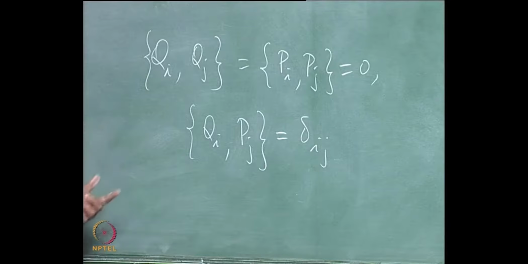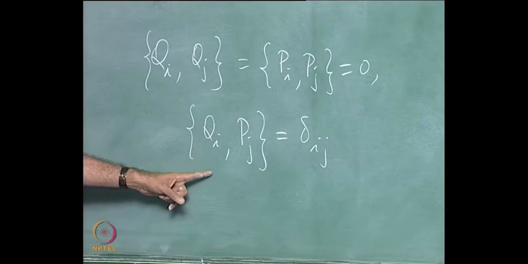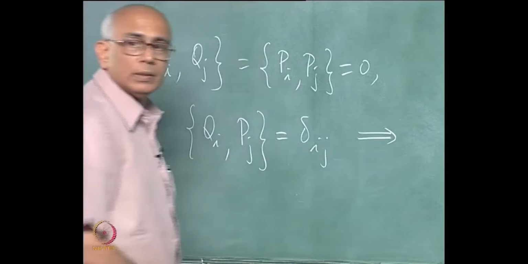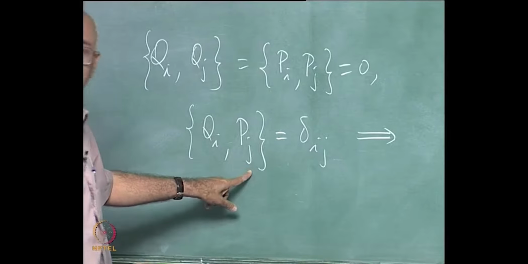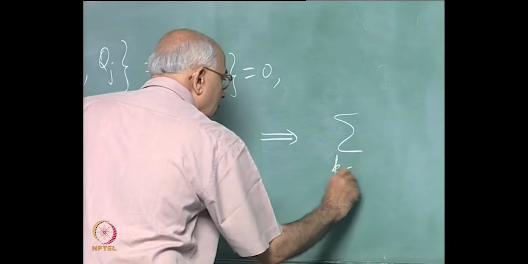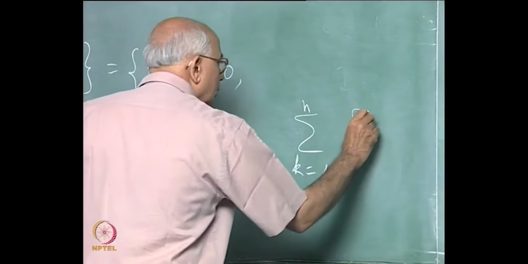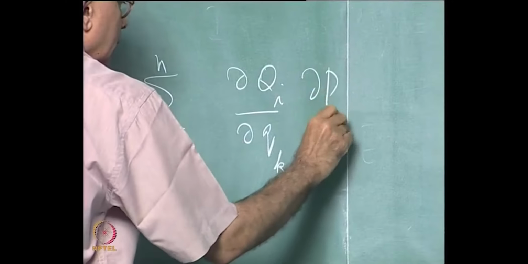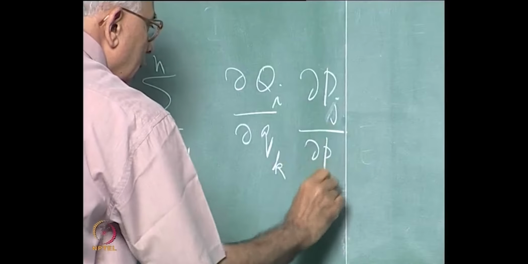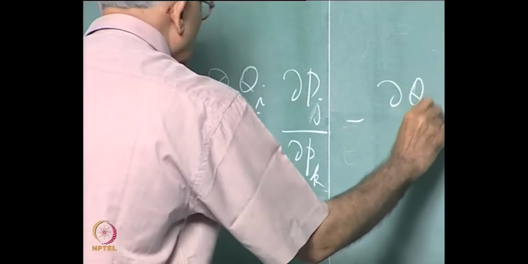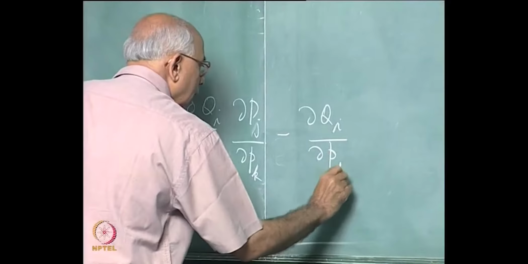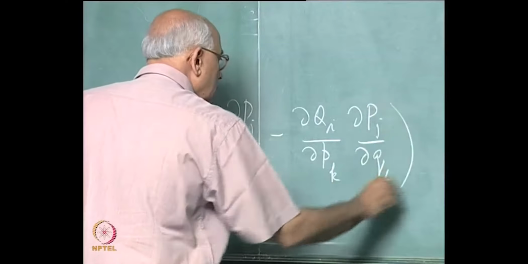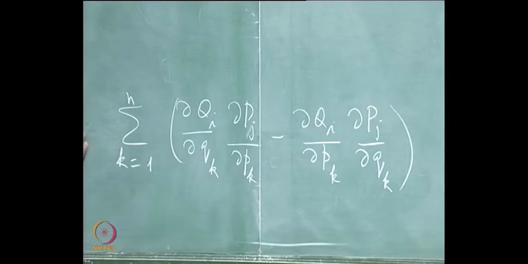Now what is meant by a statement like this? What is meant, for example, by this statement here? What I mean by this is, if I write out this Poisson bracket explicitly, it implies that a summation from k equal to 1 to n over all degrees of freedom, of ∂Qi/∂qk ∂Pj/∂pk minus ∂Qi/∂pk ∂Pj/∂qk, this quantity is equal to the delta function.